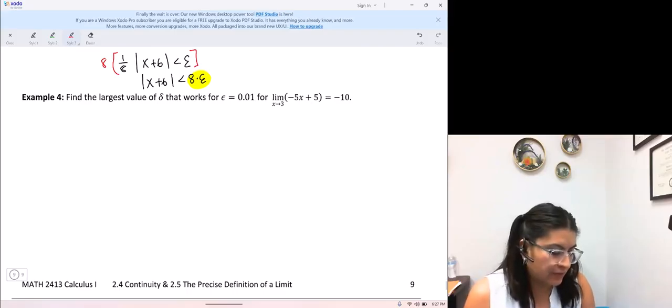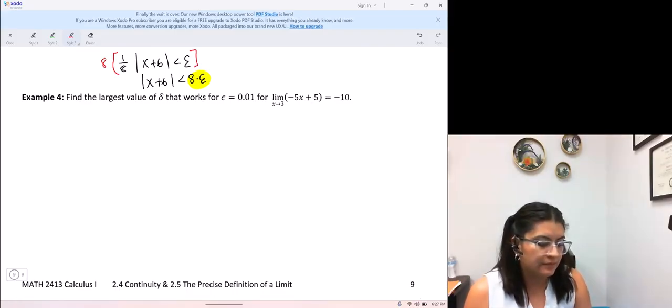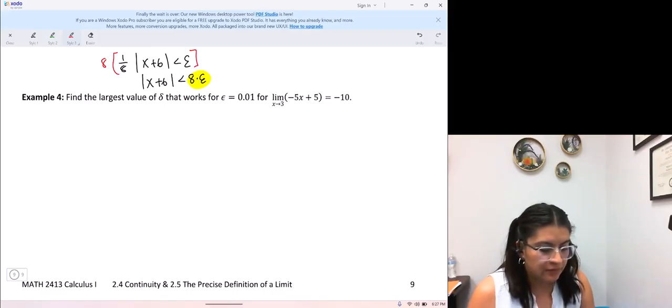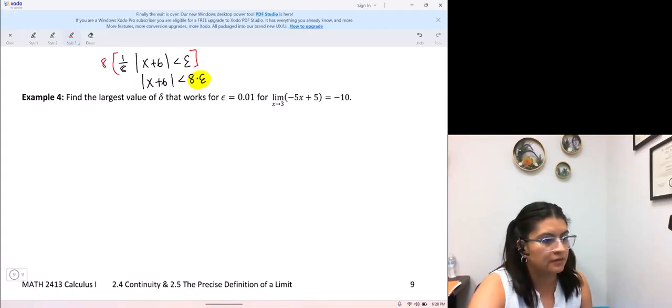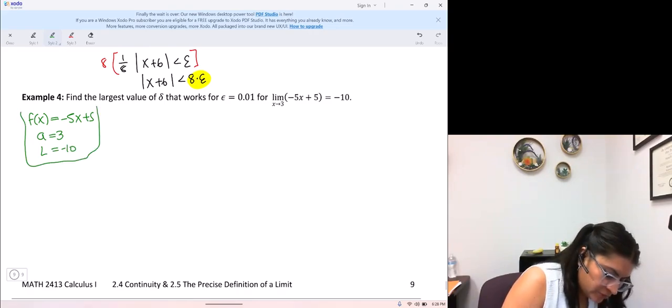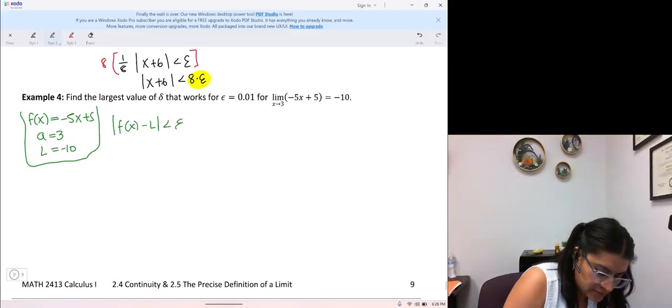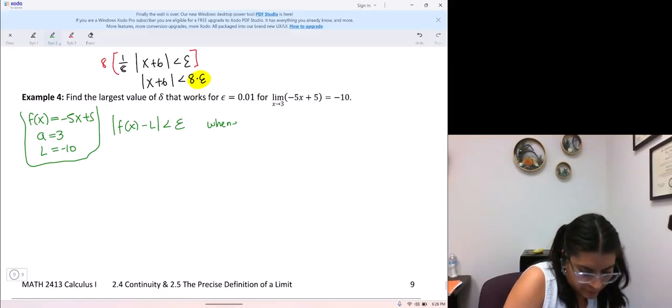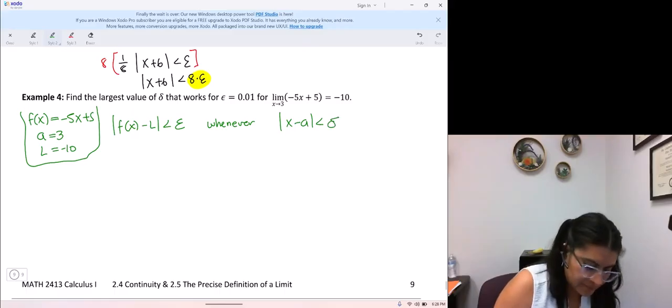Find the largest value of delta that works for epsilon equals 0.01 for the limit of negative 5x plus 5 as x approaches 3 equals negative 10. Things that we know is f of x equals negative 5x plus 5, little a is 3, and L is negative 10. So again, the absolute value of f of x minus L is less than epsilon whenever the absolute value of x minus a is less than delta.